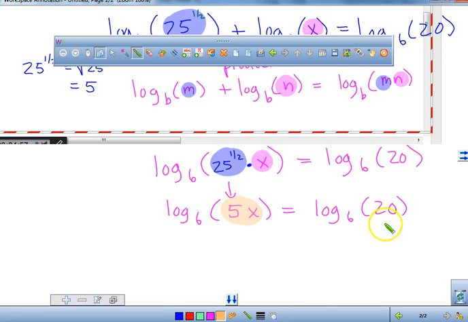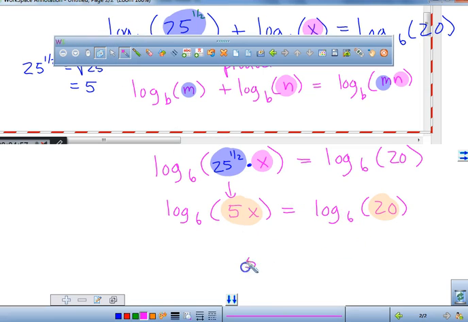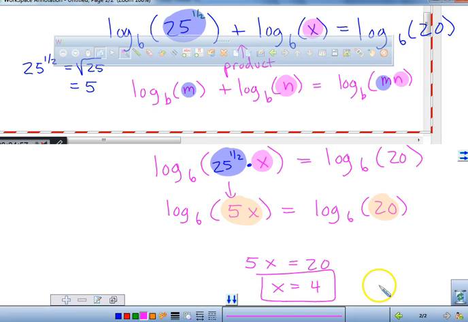Because 5x is going to equal this number, because you'll notice the bases are the same. So once you get it to this part right here, that's when it gets really, really easy. Because everybody knows that 5 times x equals 20, x would have to equal the number 4. And that's your final answer for number 12.